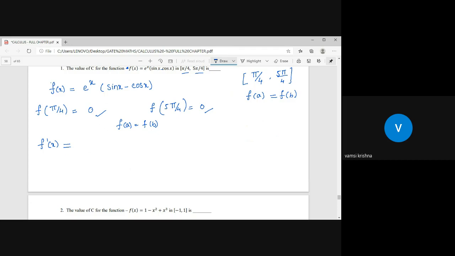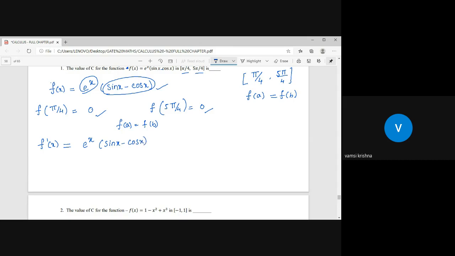Here f of x is available. Let us differentiate. Take this as the u function and this as the v function. Let us apply the uv rule, u dash v plus v dash u. Yes sir, we have e power x. E power x differentiation is e power x. And the second function is as it is, sin x minus cos x.